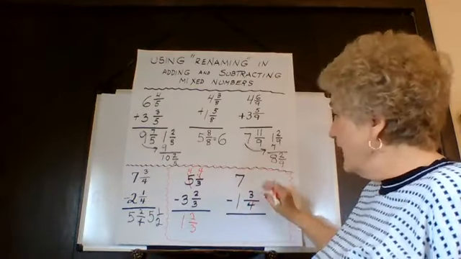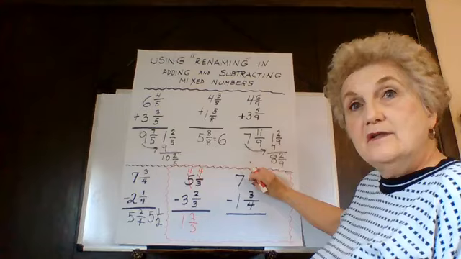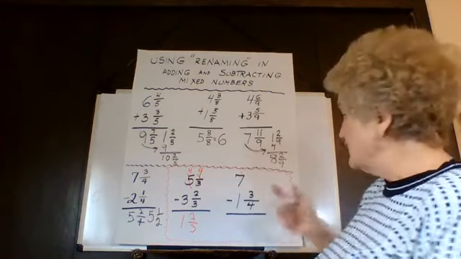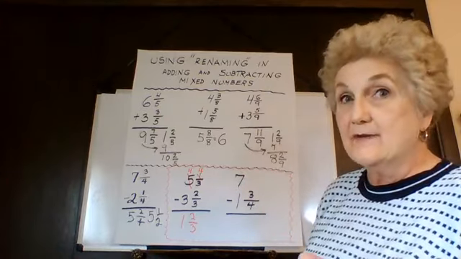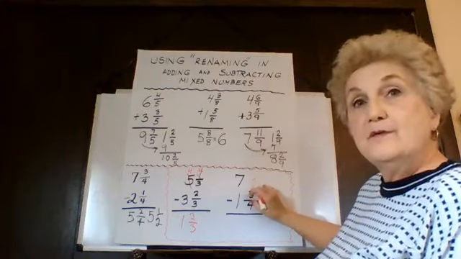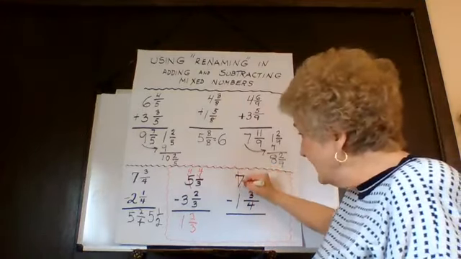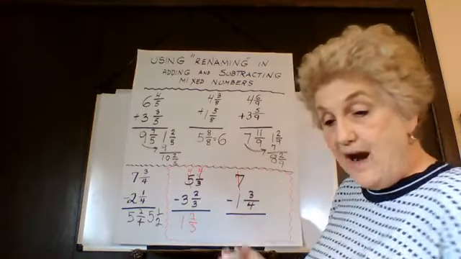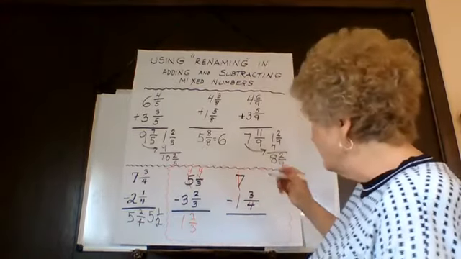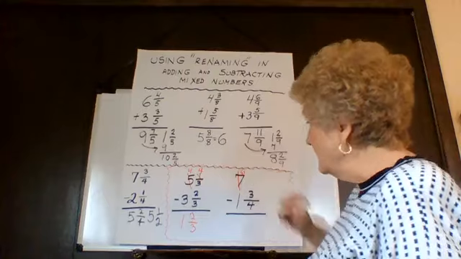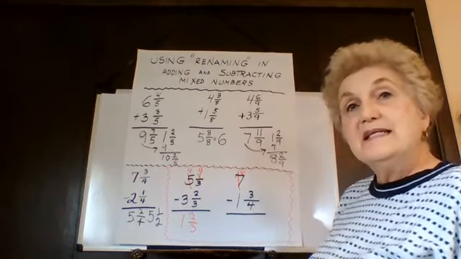Now let's look at this one. This one's kind of cool. What if there's no fraction to subtract from? You can't just drop down to 3/4. A lot of kids try to do that. You have to have something to borrow from. Okay, where am I going to get that something? The only place I can get it from is the 7. If I borrow a whole from the 7, I end up with 6, right? Now, what am I dealing with? I'm dealing in fourths.